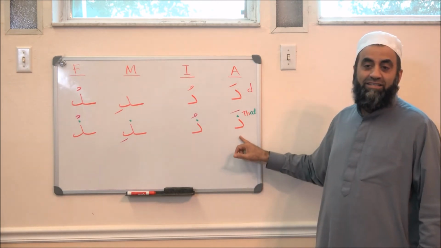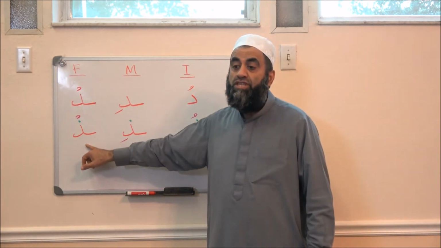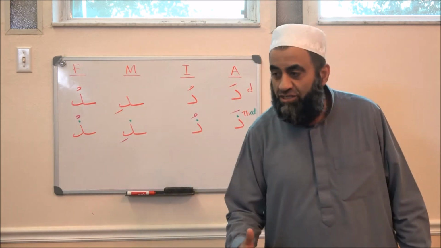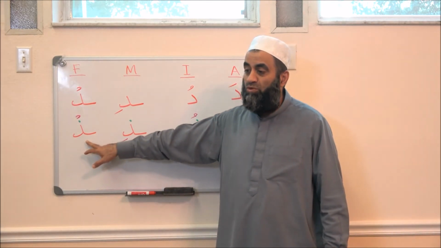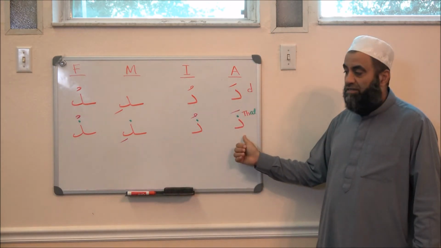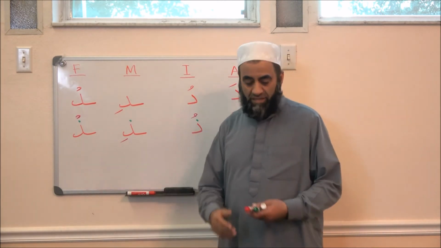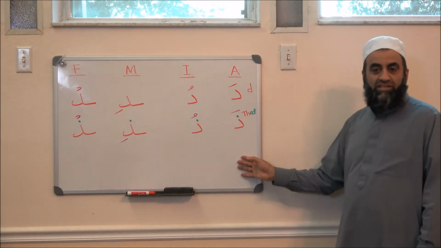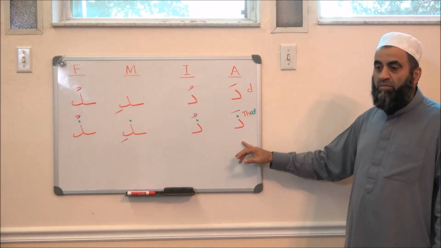Okay, so dha, dhu, dhi, for example, ladhid, delicious, ladhid. Notice at the end I'm pronouncing this one with sukoon. Ladhid. Again, dha, dhu, dhi, very well.